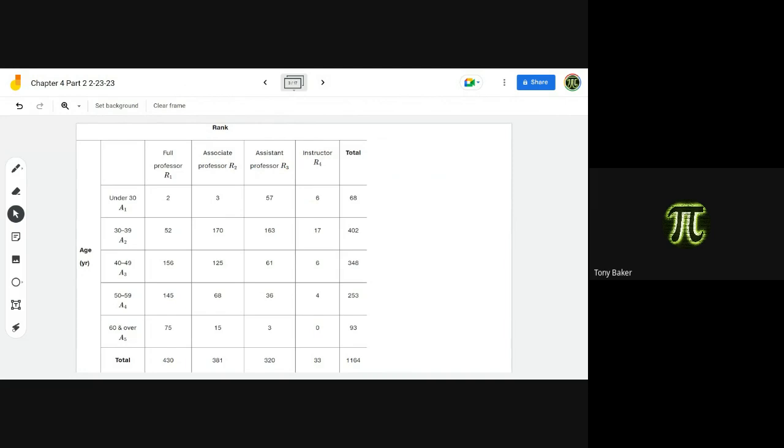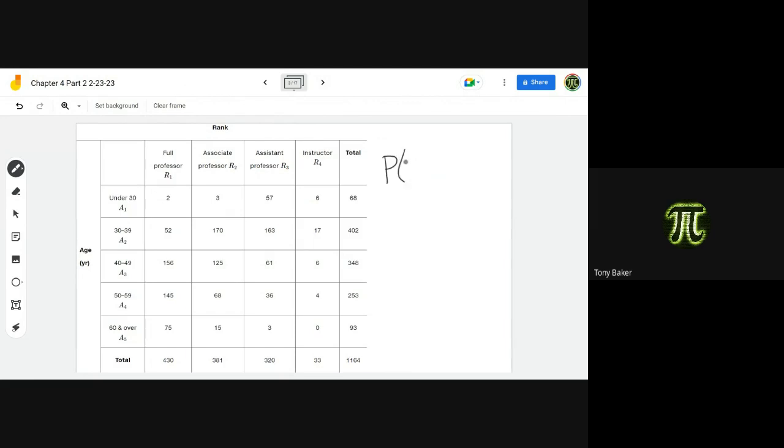So the subscripts that I have, the R1, the R2s, those give you the ability to write your simple probabilities without actually having to say out the whole thing.